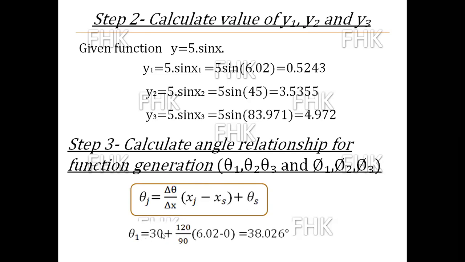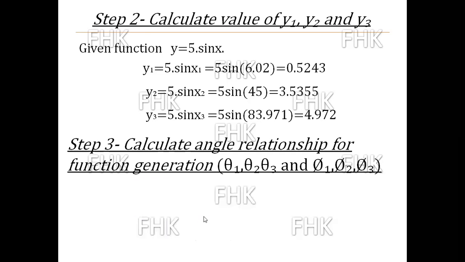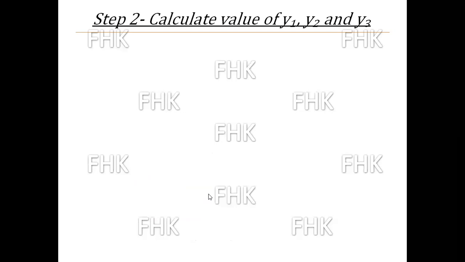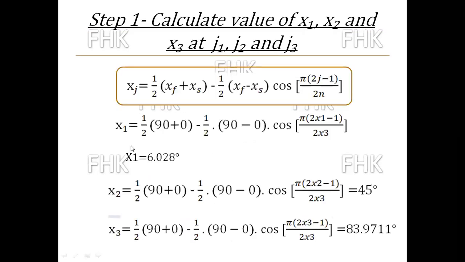Theta starting is given as 30 degrees, plus delta theta, which we have already found as 120, divided by delta x, which is 90 degrees, times x at 1 minus x starting. We have already found x at 1 as 6.028.